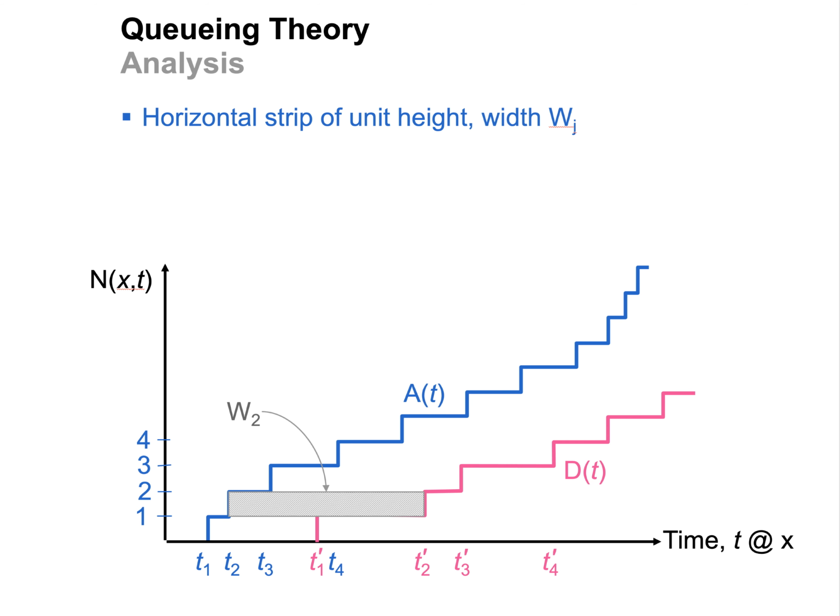So as you zoom out from this queuing diagram, I'm just highlighting that this horizontal strip of unit height and width W sub j is an area that we can calculate. So the area of that rectangle is just W sub j times the height, which is 1. So it's just W sub j.